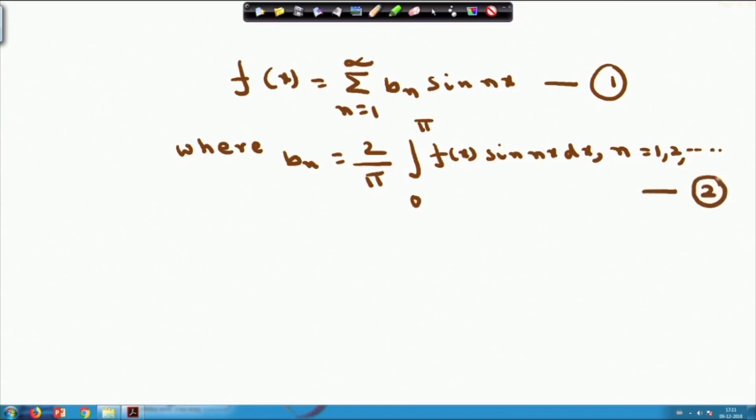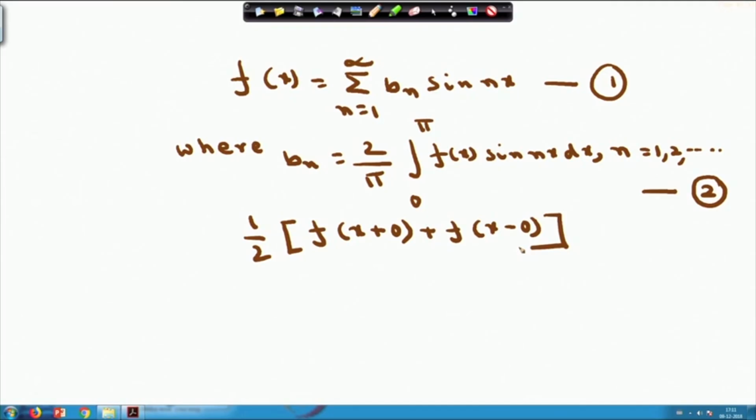So, this is equation 2. Please note, Fourier series 1 converges to f x at all points where f x is continuous, and if you recall, it converges to half into f of x plus 0 plus f of x minus 0 at the point of discontinuity.